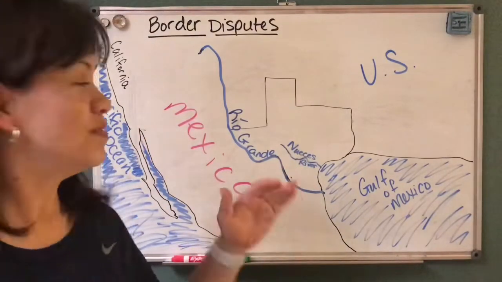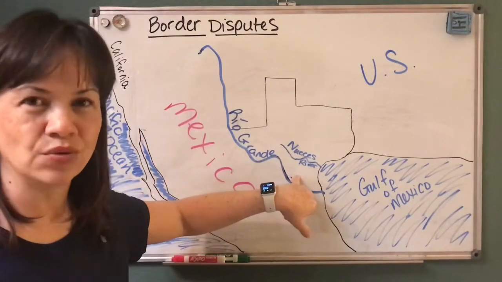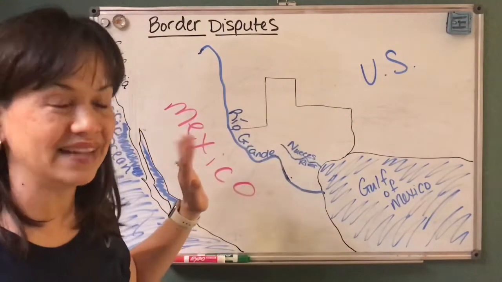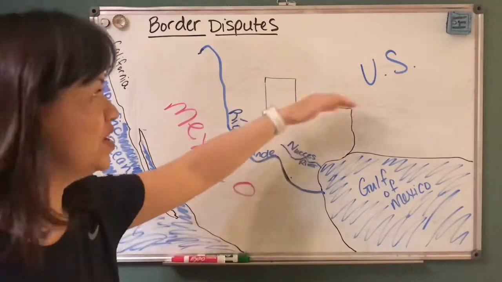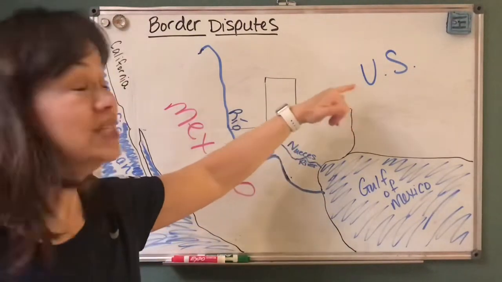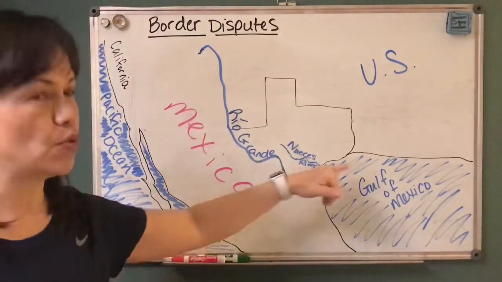Well, Mexico believed that this was their land, because remember, they didn't recognize that this belonged to Texas or the United States. So Mexico still claimed all of this land as theirs, but the United States said, oh, no, it's ours. And so when Zachary Taylor took United States troops here, there were shots fired.